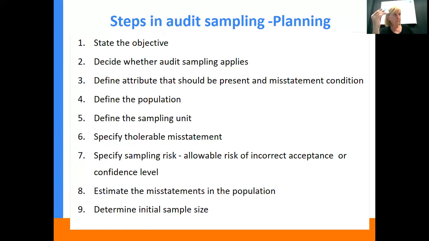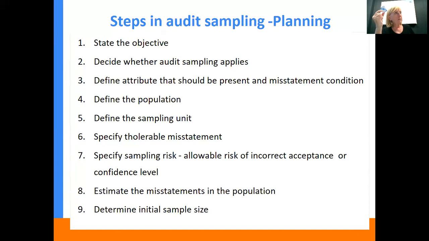That's my objective. So this is a substantive test. It's not a test of control. And it's a test of balance. How much is actually in there? I'm not saying what are the transactions that took place. I'm saying how much is there now. This is balance day, right? So this is what we're doing.